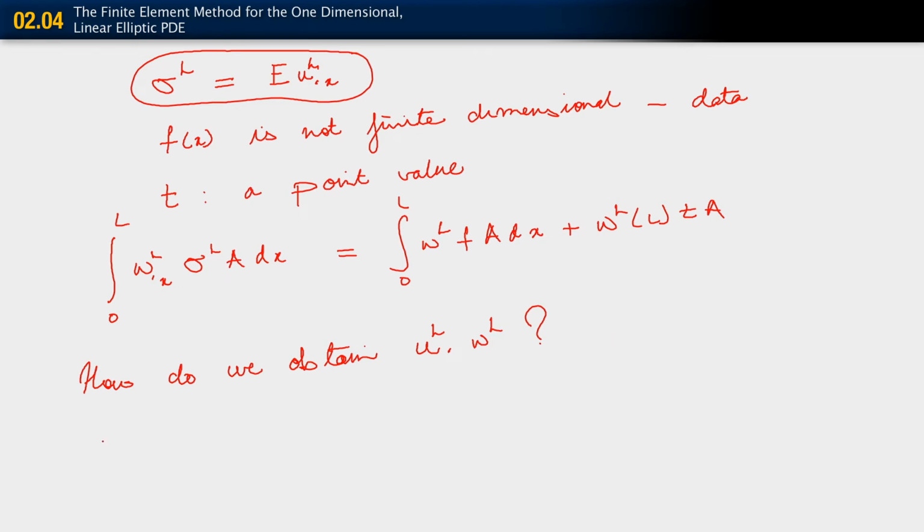Alternately, how do we obtain SH and VH? We need to define those, right? We need to say what kinds of restrictions we are using on our finite dimensional functions, okay? In one sense, the finite element method could be thought of as simply defining what these finite dimensional approximations are, okay?